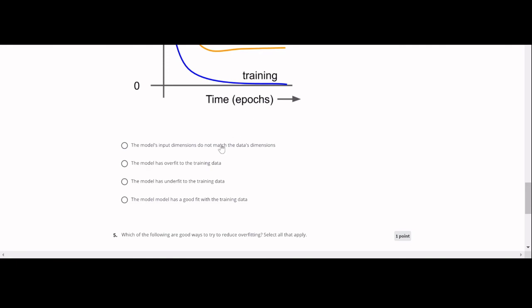That means there is much more to do, and we can predict the model is overfitting.